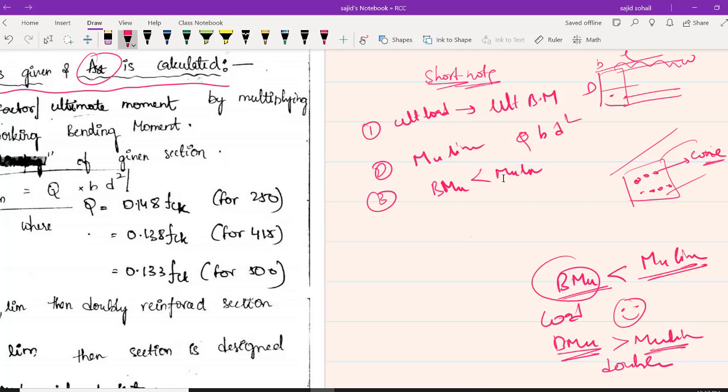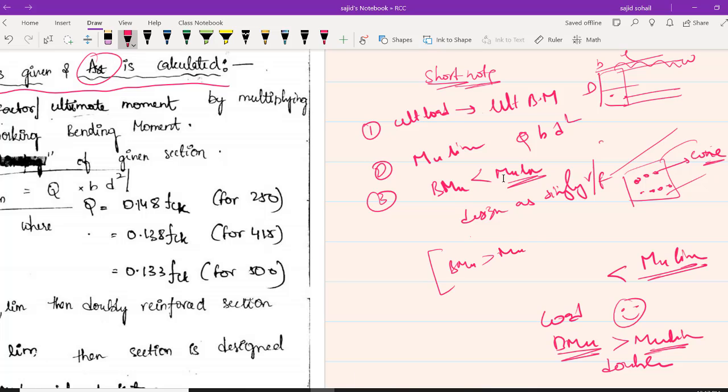If your MU limit is more, if your resistance is more, then a singly reinforced beam is good enough. Design as singly reinforced. Write in brackets: if BMU is greater than MU limit, then go for double reinforced. Okay, so this is your step 3.